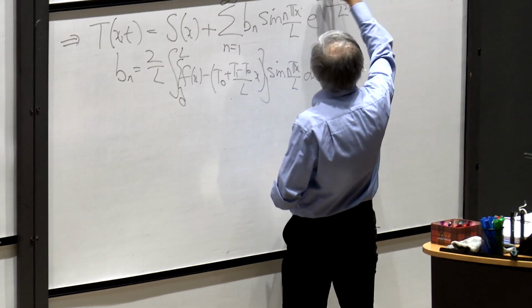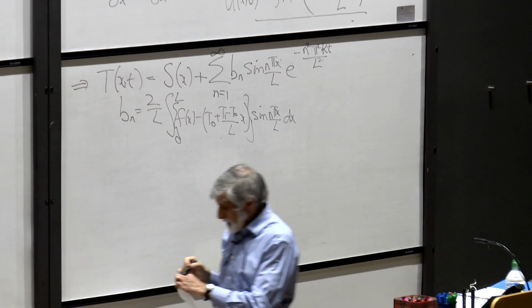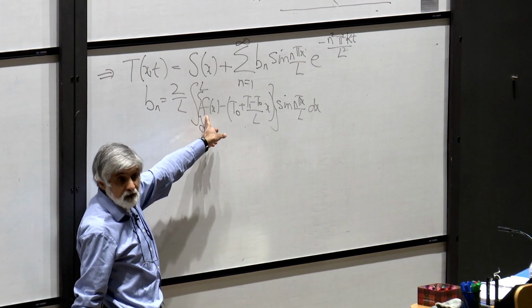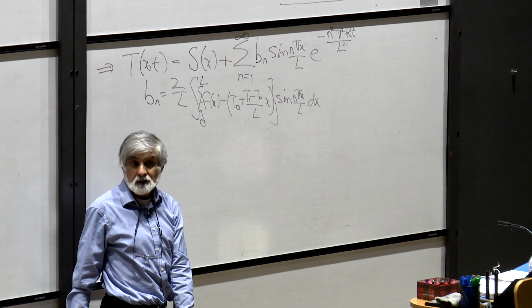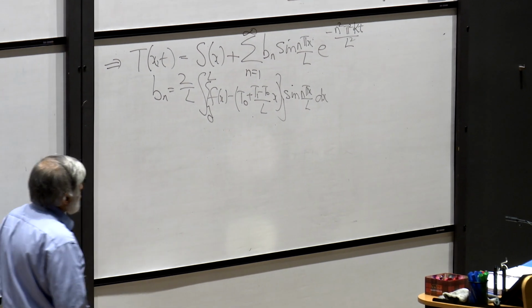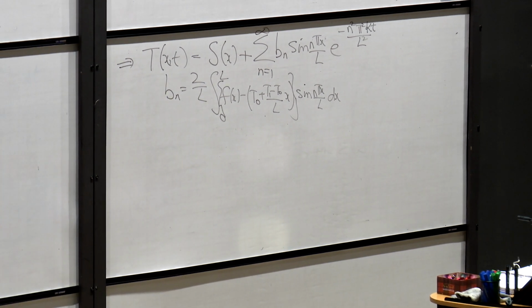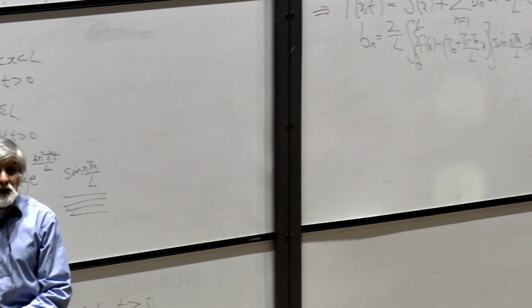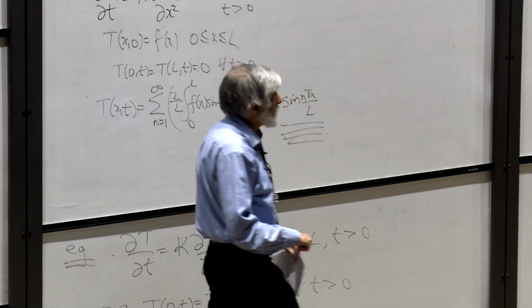Whatever the f is, we would put that in here, and then we'd integrate that up. So now a question we might ask is, how does this behave as t increases?